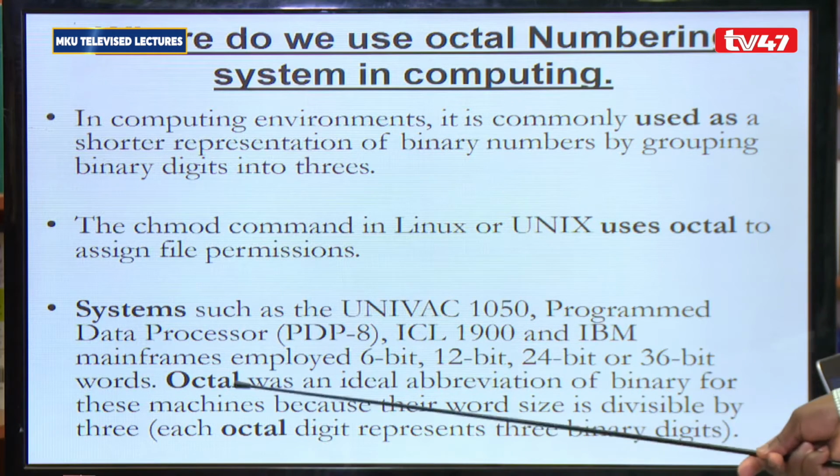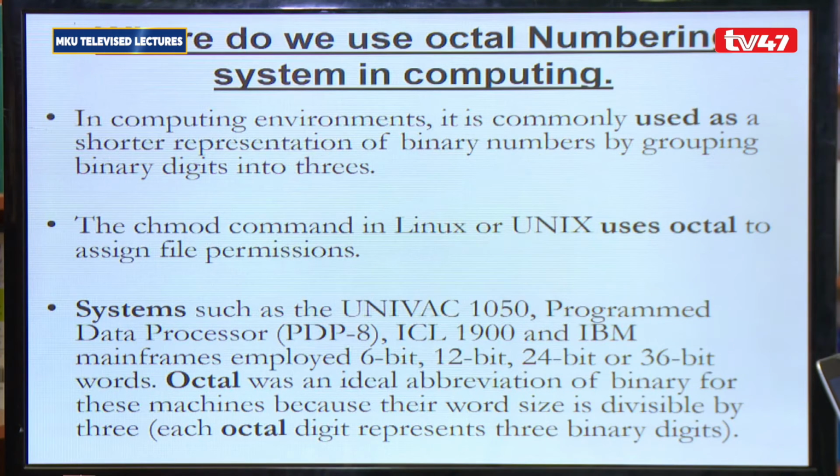They were using this particular numbering system. Therefore, this octal abbreviation was most ideal for the representation of data in these computers, because the word size of these systems was represented using multiples of 3 bits, and therefore it was most ideal.